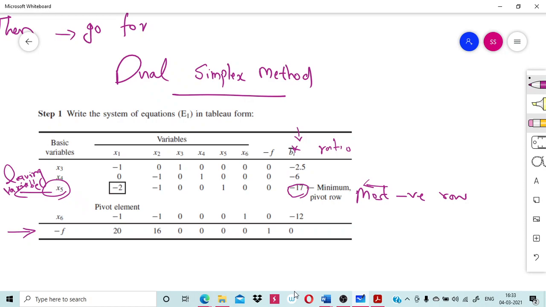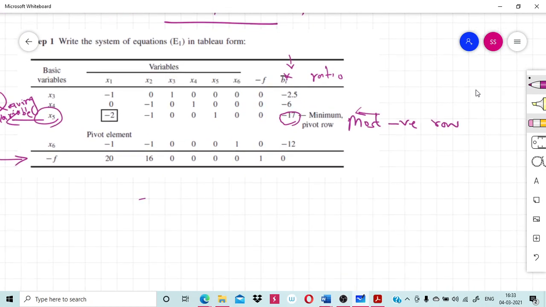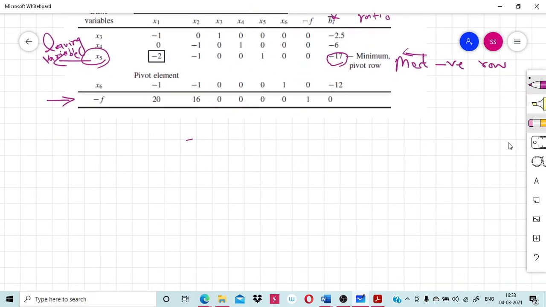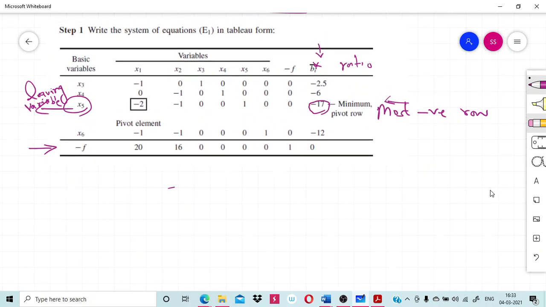To find the entering variable, you have to find the ratio. In the dual simplex method, the ratio is defined in a different manner.